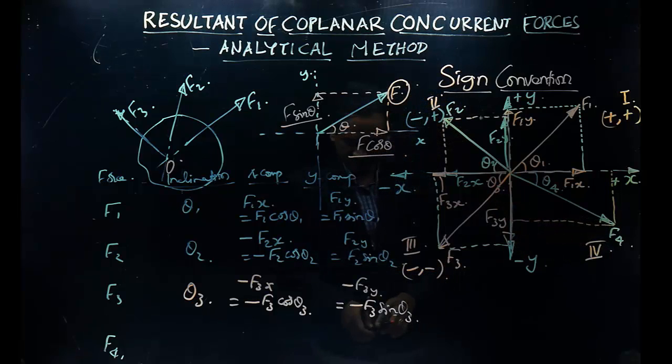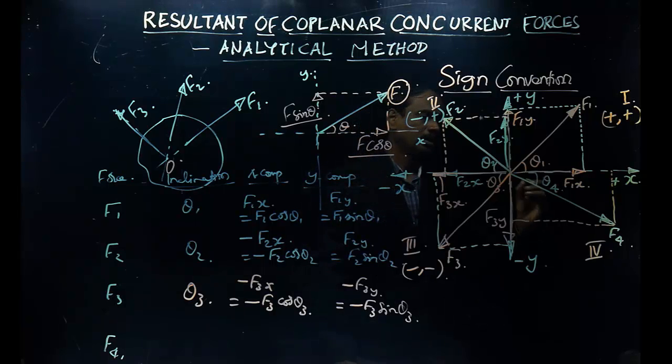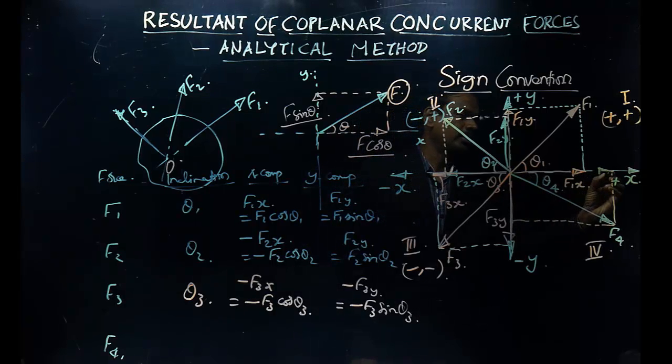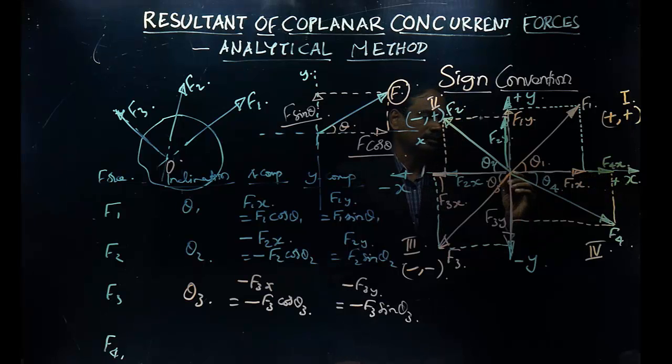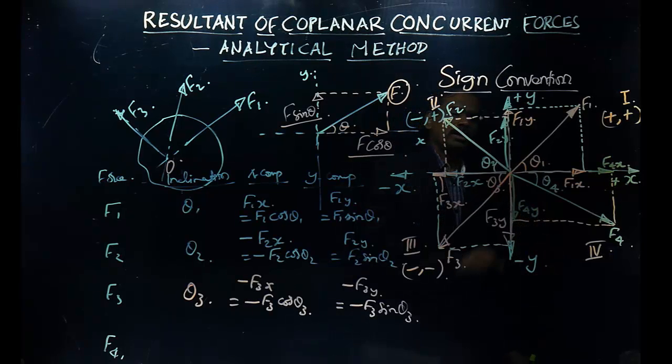Wherever they meet, that will give me the components of the force. So this will happen to be the x component of the force, F4x, and this is same as this, and this will give me the y component of the fourth force.